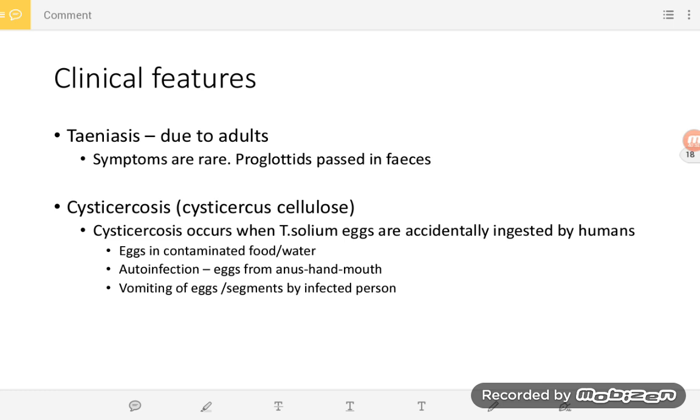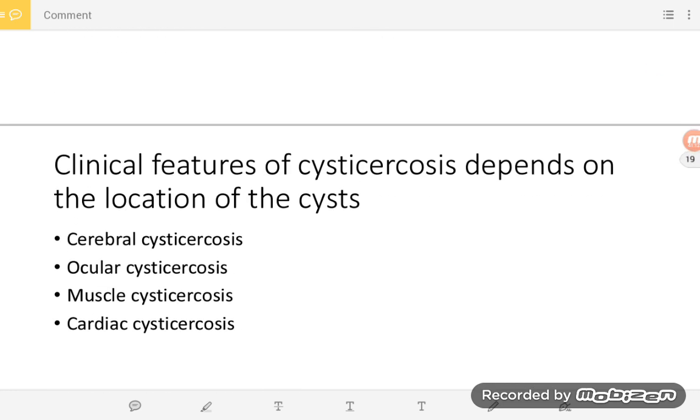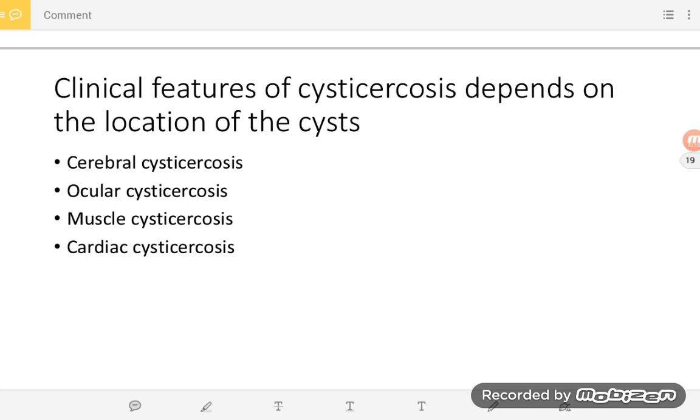Sometimes auto-infection, eggs from anus to mouth, hand to mouth. Vomiting of eggs or segments by the infected person, these are the possible ways cysticercosis occurs, right?